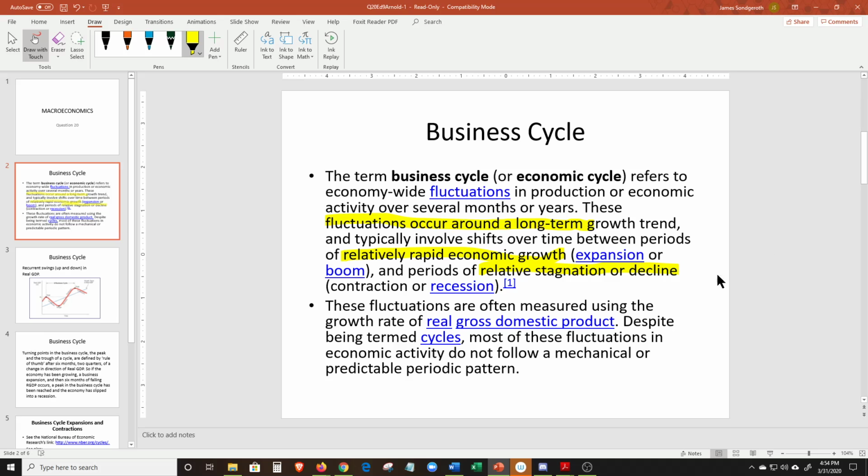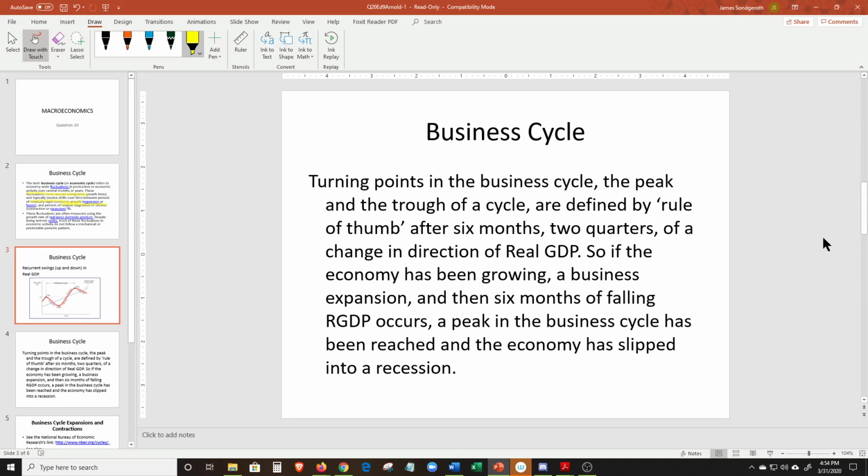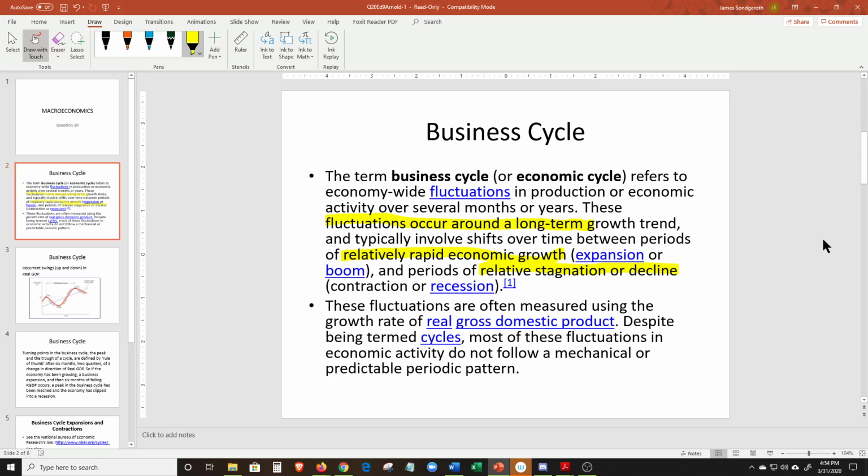And I would say decline, recession, expansion. Contraction is another name for recession. These fluctuations are measured in the growth rate of GDP. And really, we're going to simplify this and just say, if GDP is falling, we are in a recession or a contraction. And if GDP is growing, we are in an expansion, okay?